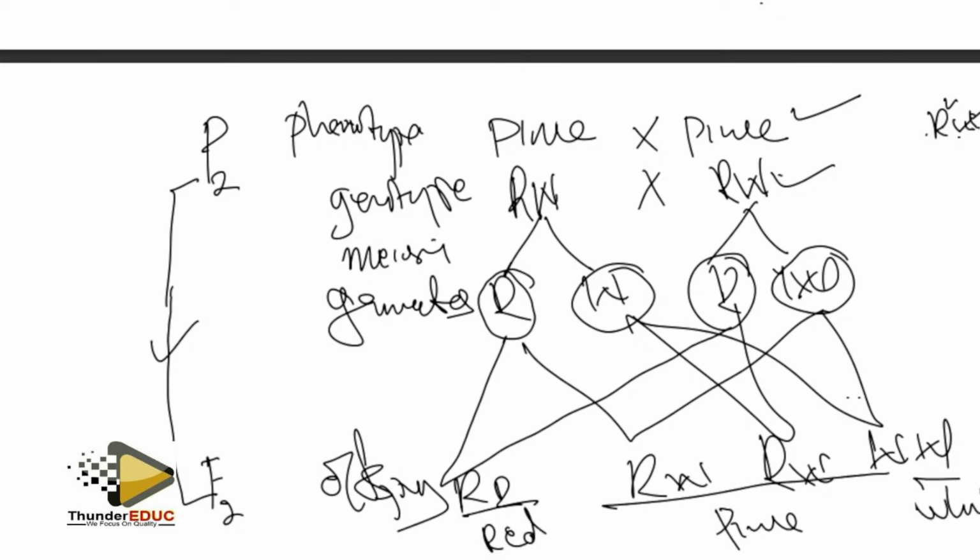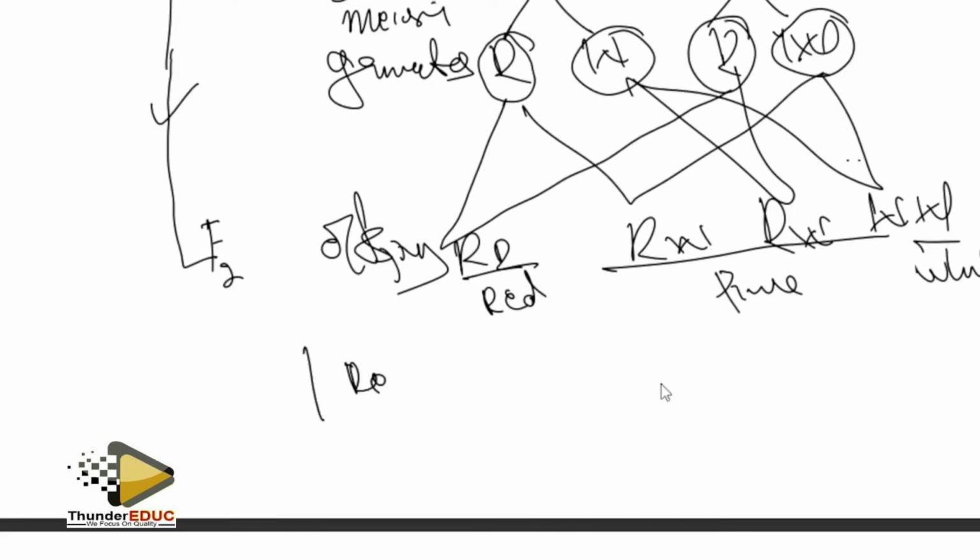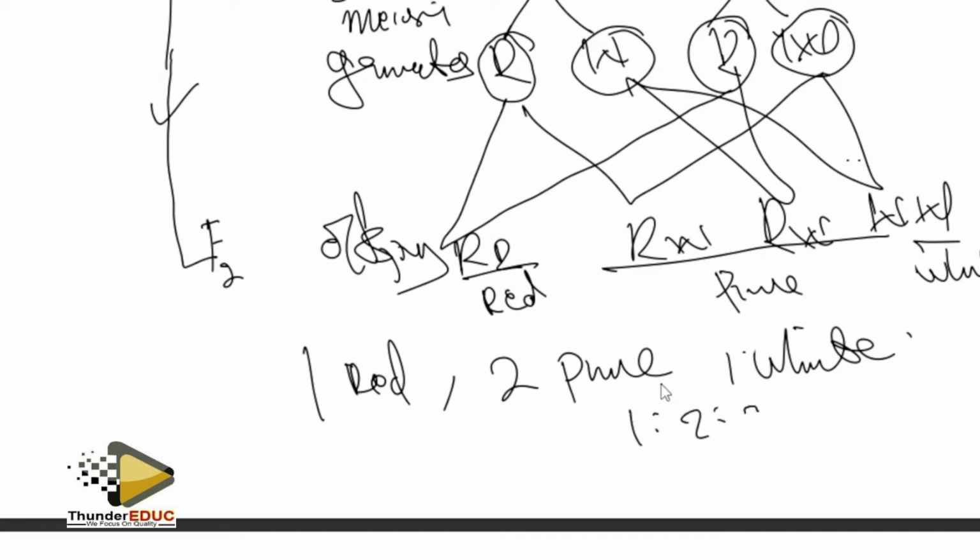Meaning that I will have one red, 2 pink, and one white. There is a mistake where students, when they ask you the ratio, you write 1 to 2 to 1.